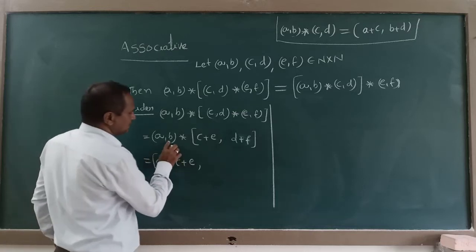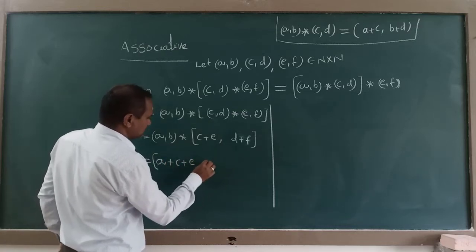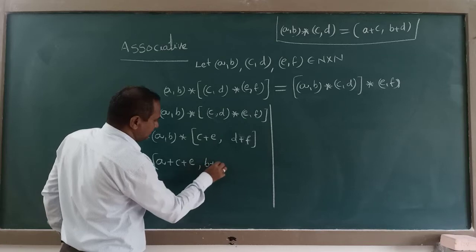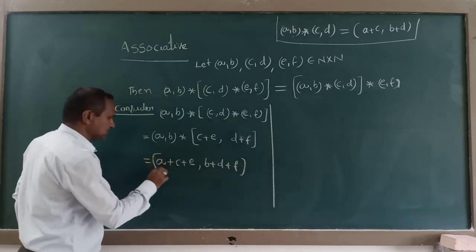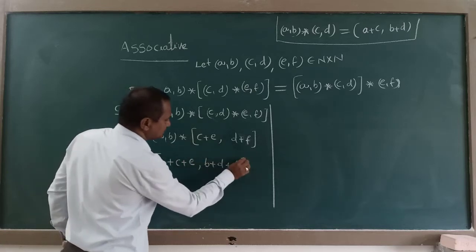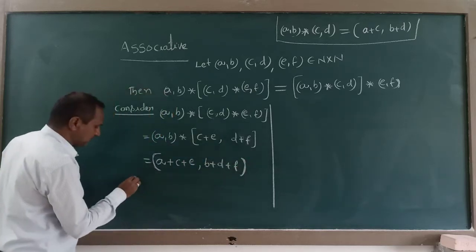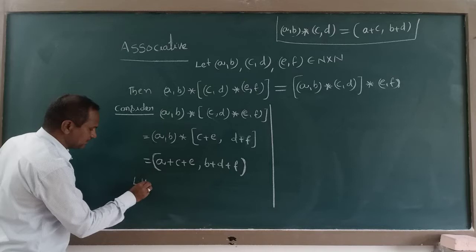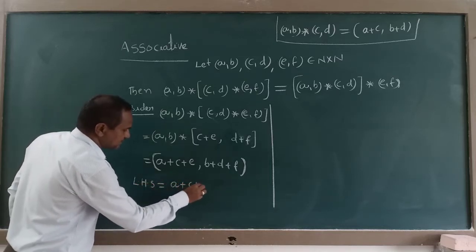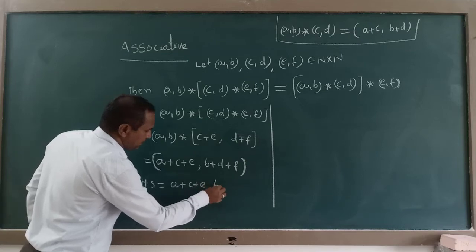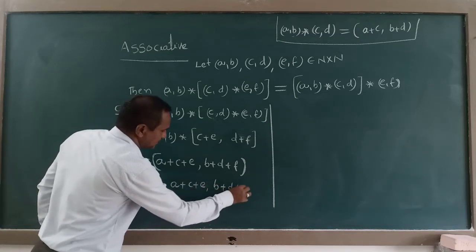Next one is the sum of all second elements, B plus D plus F. It is the sum of all second elements. That's why we got here the LHS part, left hand side part, equal to A plus C plus E comma B plus D plus F.